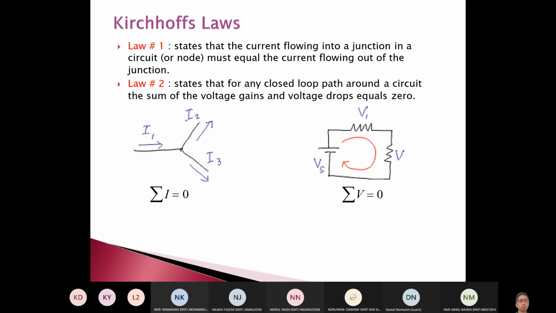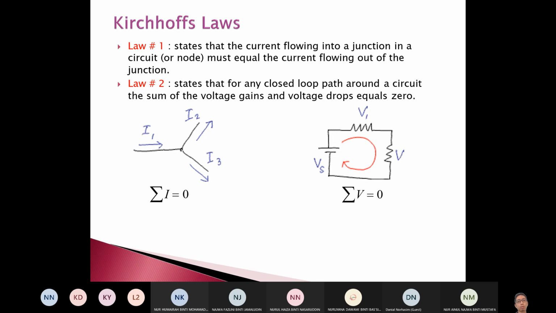Meaning that if I1 is 20 amp, for example, and I2 is 15 amp, then I3 should be 5 amp. So that's it. Note the direction of the current itself.